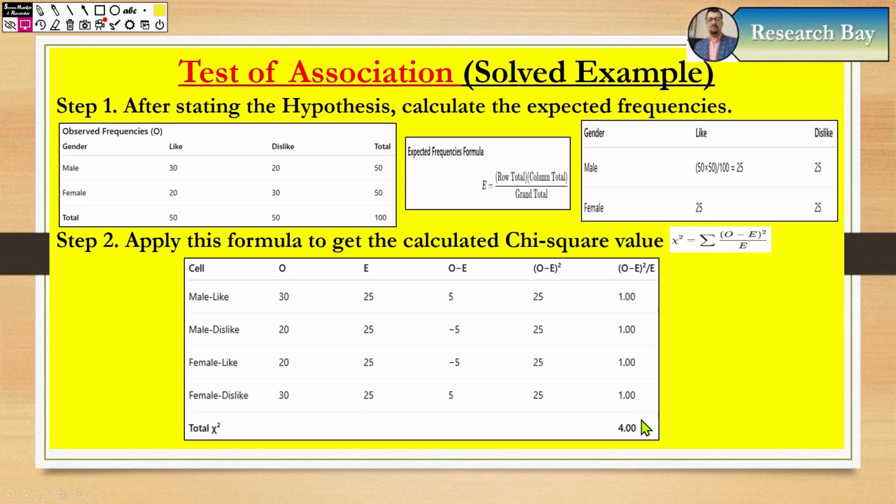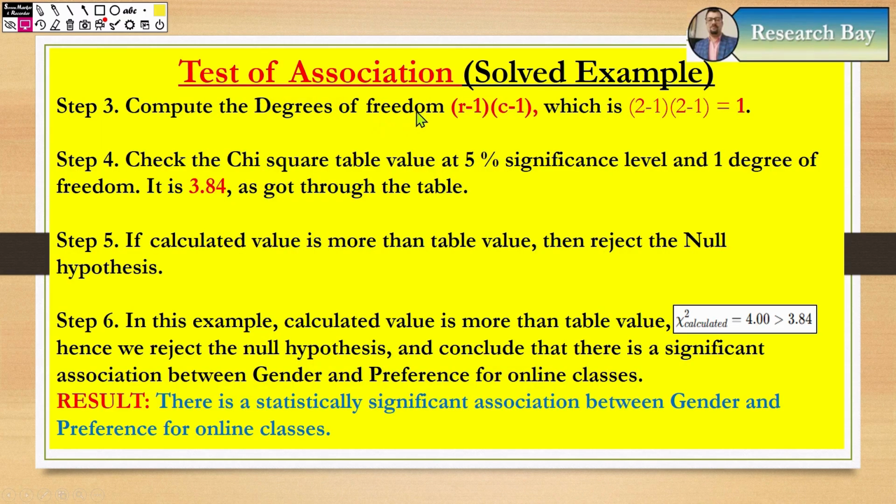Now we have to see the degrees of freedom, and according to those degrees of freedom at a given significance level, which is 5% in this case, we will see the chi-square table value and compare this calculated value with the table value. In case this chi-square calculated value is greater than the table value, we can reject the null hypothesis. Degrees of freedom in case of test of association are computed as row minus 1, column minus 1.